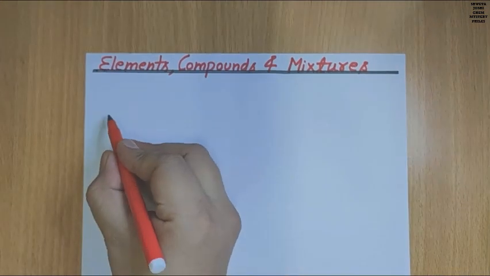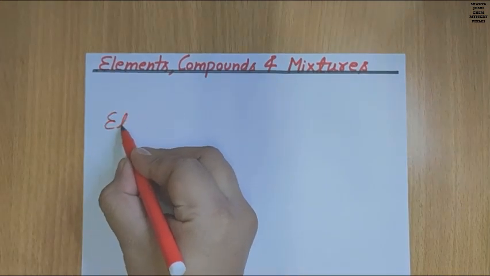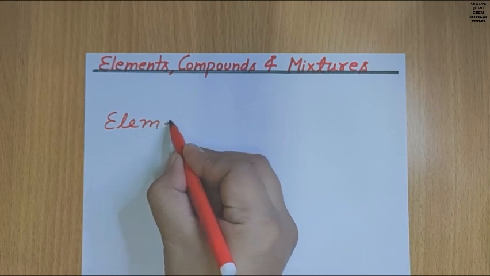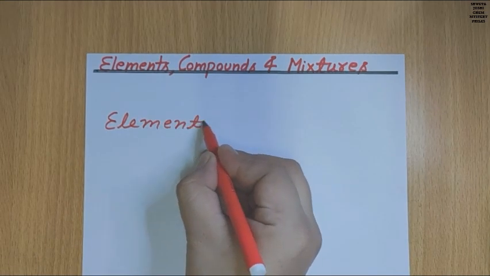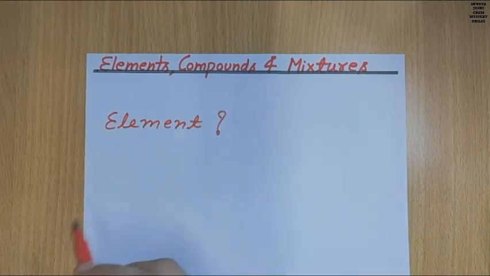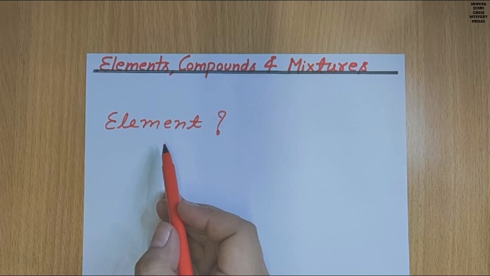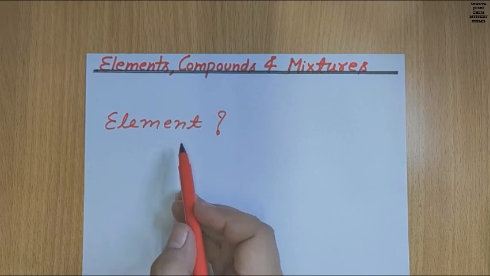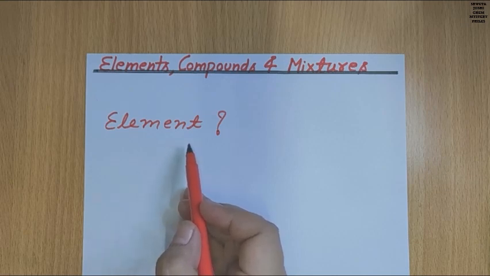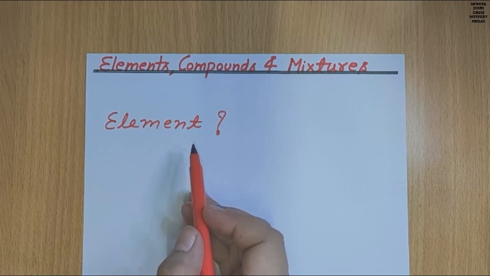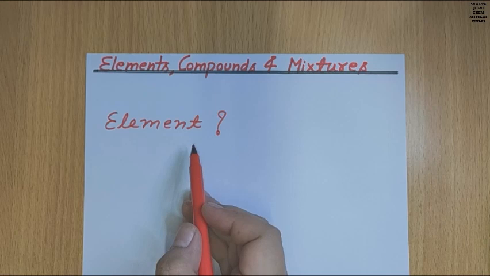Now, what is an element? An element is a pure substance which is made up of only one kind of atoms and it cannot be broken down into more simpler substances.